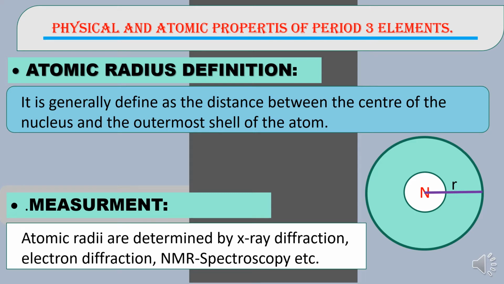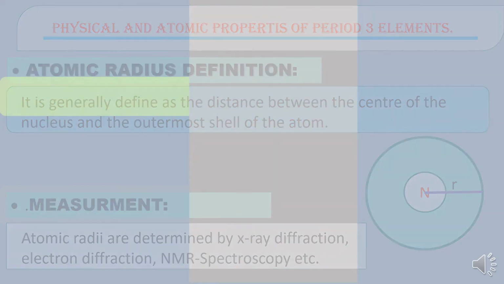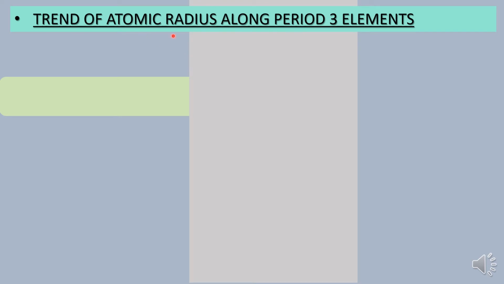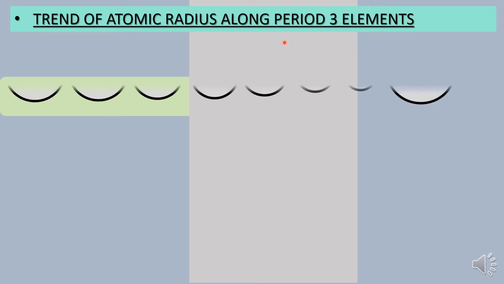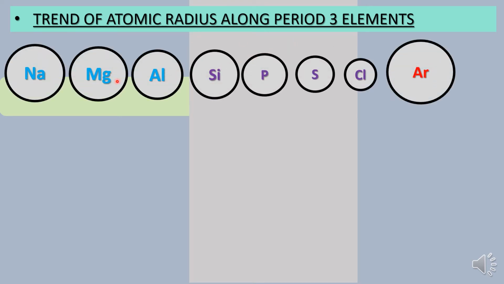Now we will study the trend of atomic radius across period 3 elements of the periodic table. When we move in the period from left to right, atomic radius decreases. This diagram shows that atomic radius decreases from sodium toward chlorine. Atomic radius decreases due to the addition of electrons in the valence shell, as the number of electrons increases in the outermost shell along the period.